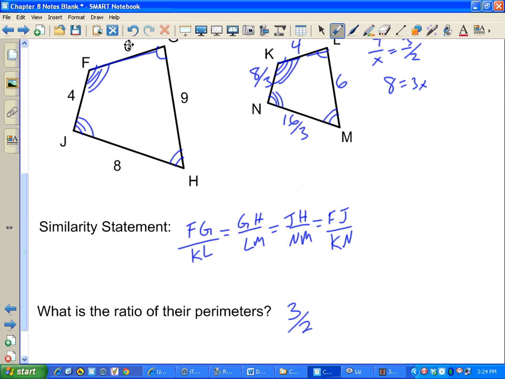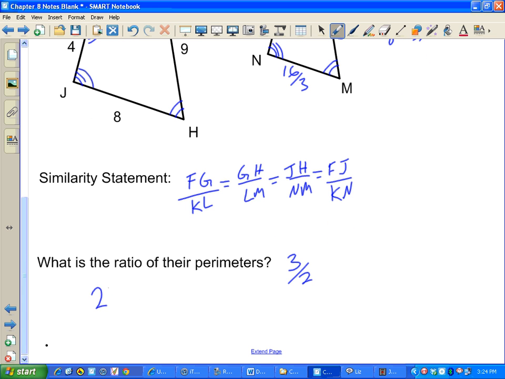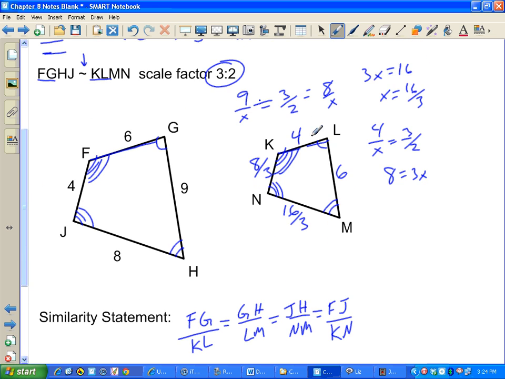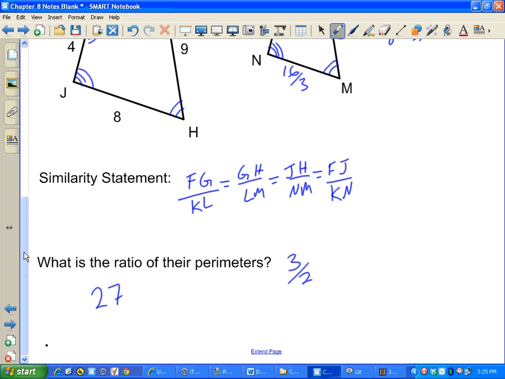Here I'm going to have 6 plus 9 is 15, plus 8 is 23, plus 4 is 27. Here we're going to have 8 thirds plus 16 thirds. That's a total of 8 plus 16, 24 thirds, which is 8 plus 6, 14, plus 4, 18.